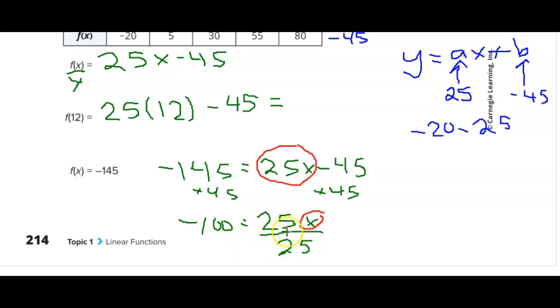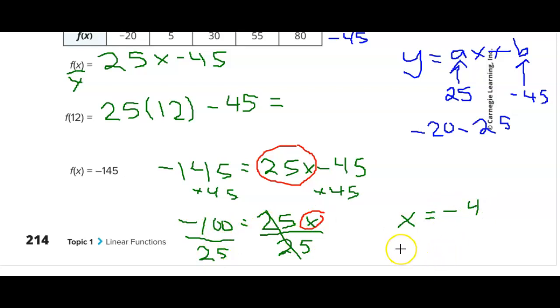And whatever we do on the right of the equal sign, we have to do on the left. So we're going to be left with 1x, which you can just write as x, equals negative 100 divided by 25, which is negative 4.